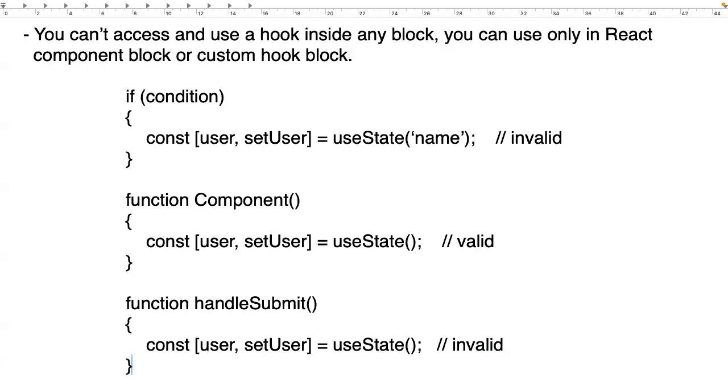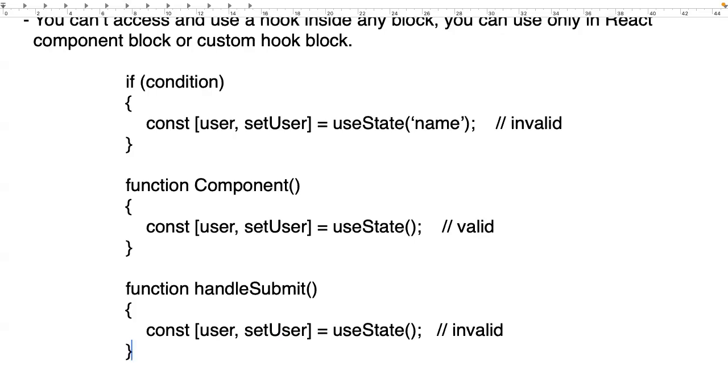That is also a function, but it is not valid. Why? Because it is not a React component block or a hook block. It is a general handler block, and you cannot access hooks anywhere in other functions.